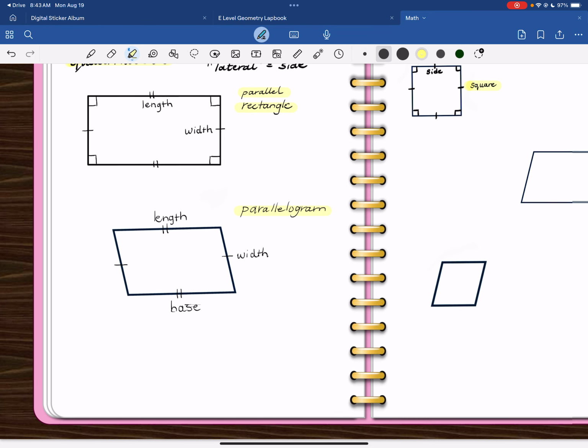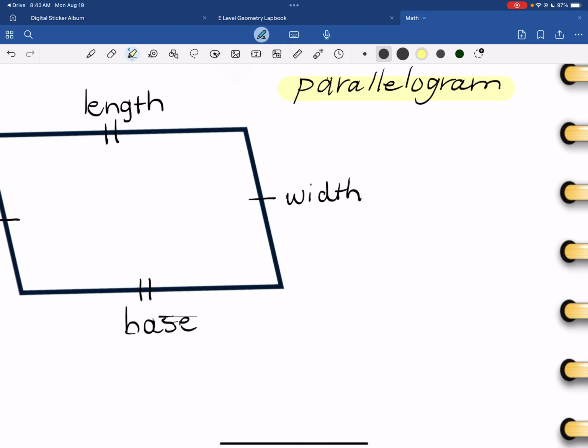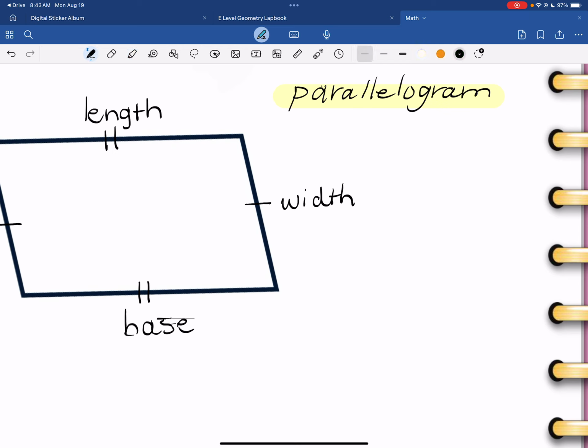Because unlike the rectangle, it's leaning. The parallelogram is leaning to its side. So if you were at the doctor and they wanted to measure your height, would they ask you to lean? They would not. They would want you to stand straight up. So to get the height of a parallelogram, you would need to know this dimension.